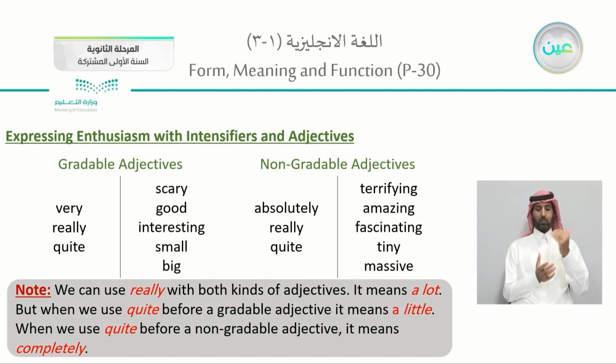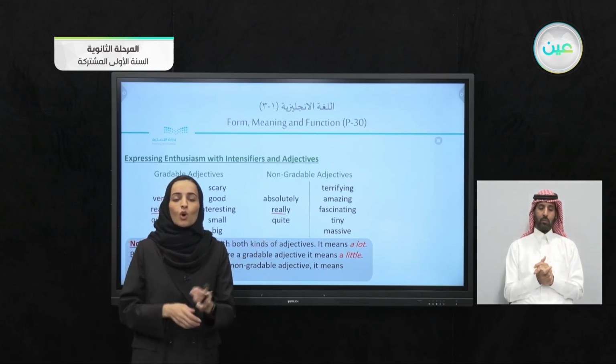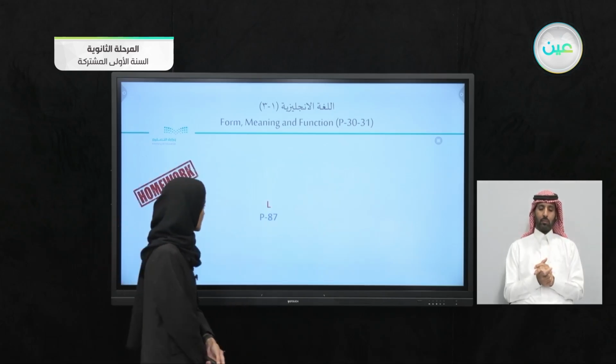Note that we can use really with both the gradable and the non-gradable, and it means a lot. But when we use quite before a gradable adjective, it means a little. When you use quite with the non-gradable, it means completely. So the meaning will be different when we use quite with the gradable or the non-gradable ones.